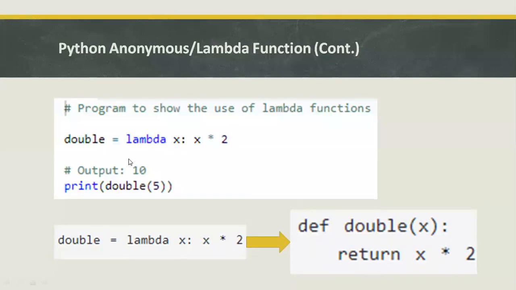But here we have implemented the same program without defining a function. Double is equal to lambda x, x into 2, and print double 5. Here you are passing a value, executing it, and getting an output. If you do not want to define a function, you can use lambda and implement the same program.